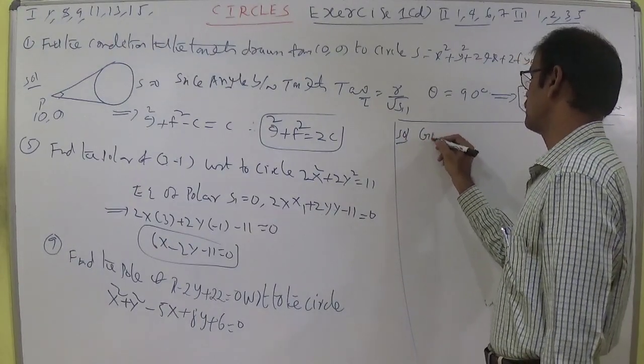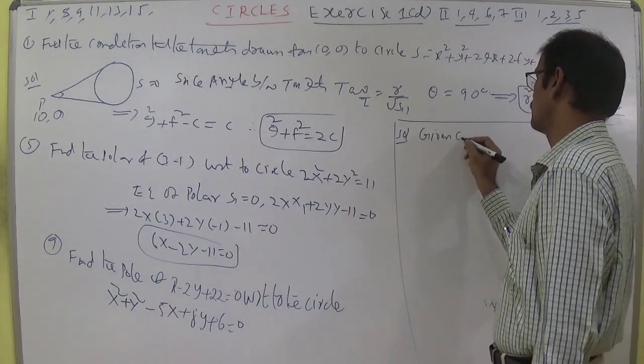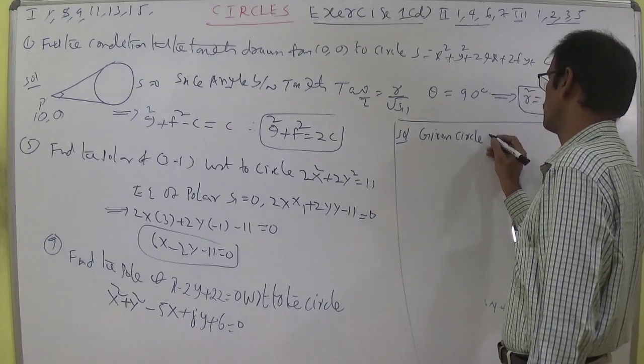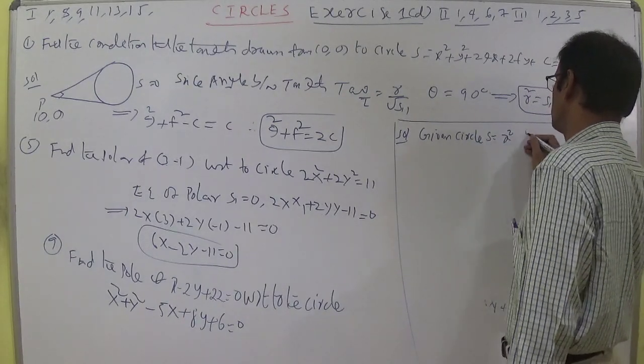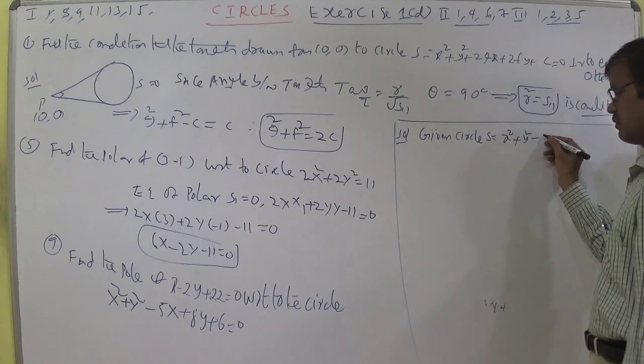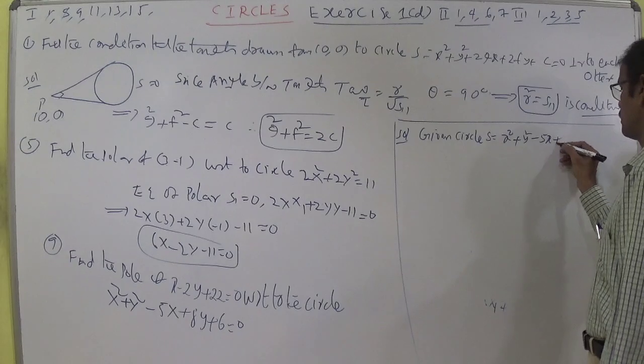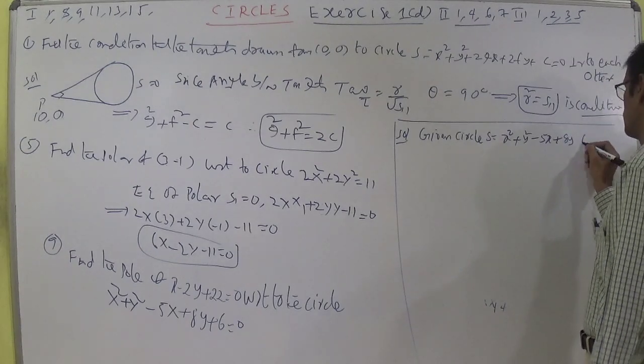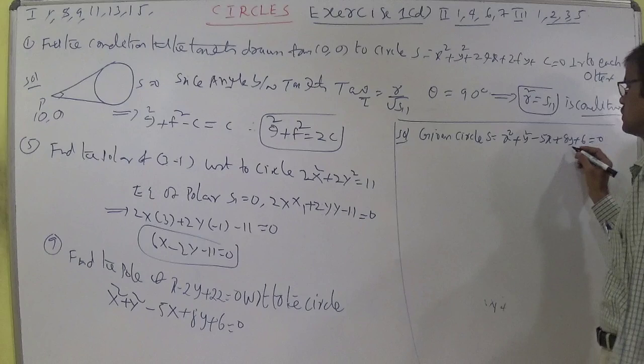Given circle S = x² + y² - 5x + 8y + 6 = 0.